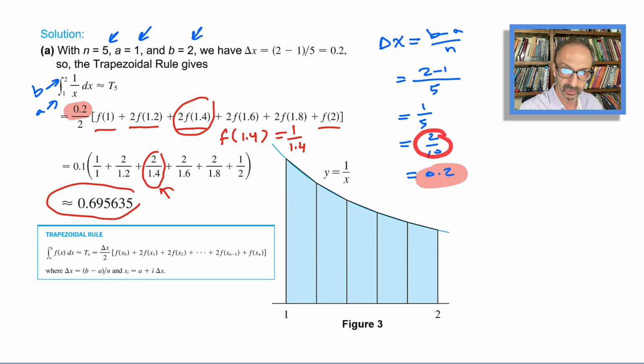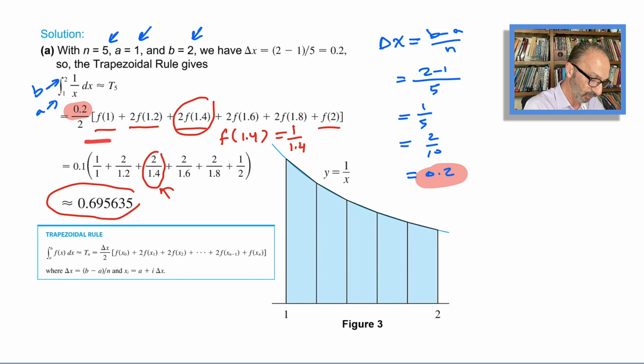Differently, I could write it as 2 over 10, or 0.2. So this would be 1.2, because we're adding 0.2 to 1. This would be 1.4, and so on. We have n equals 5, a equals 1, and b equals 2. And we have delta x equals 0.2.